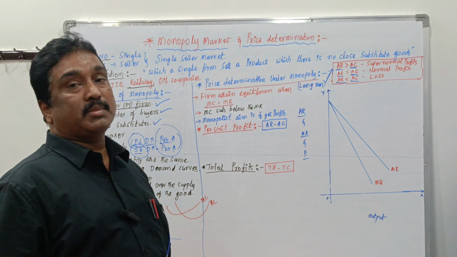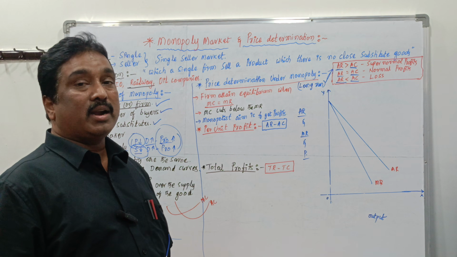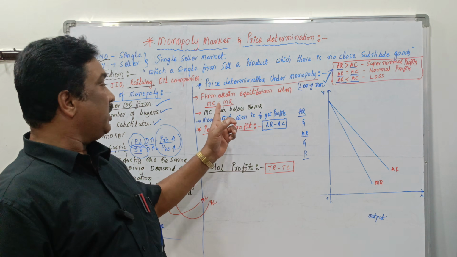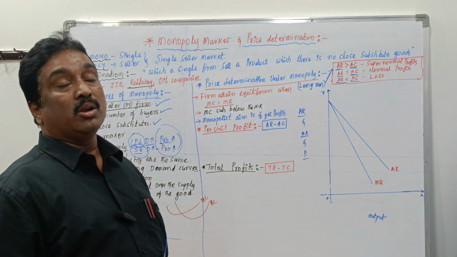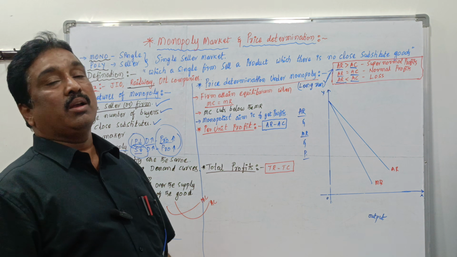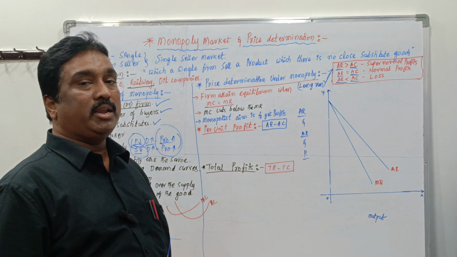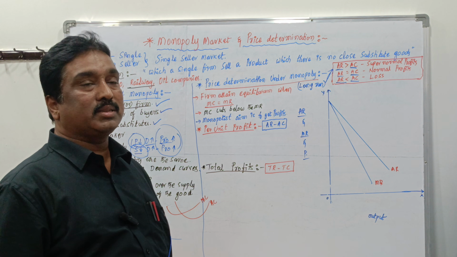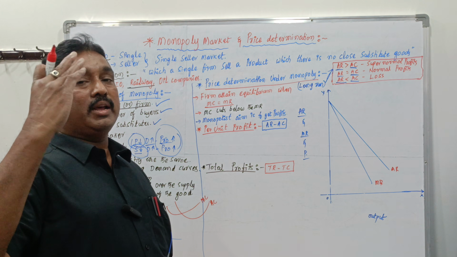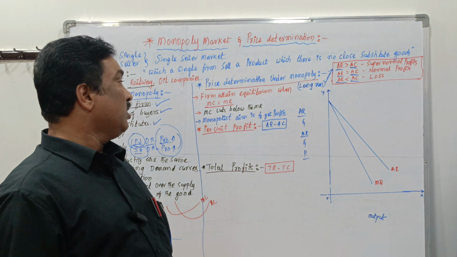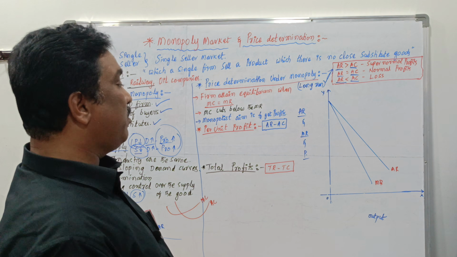Marginal revenue is nothing but the additional revenue they get by selling an additional product in the market. When both are the same, at that point the firm attains equilibrium. Equilibrium means there is no loss, no profit. So each firm attains equilibrium where MC is equal to MR.